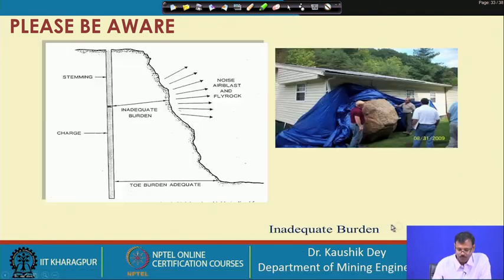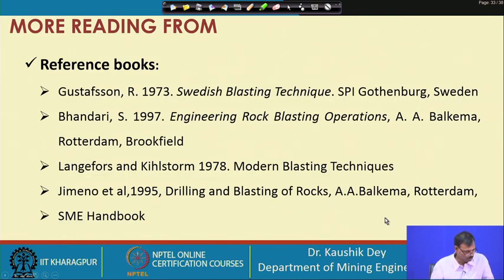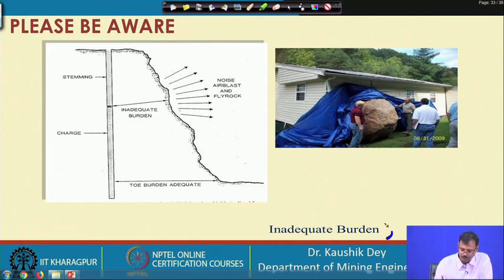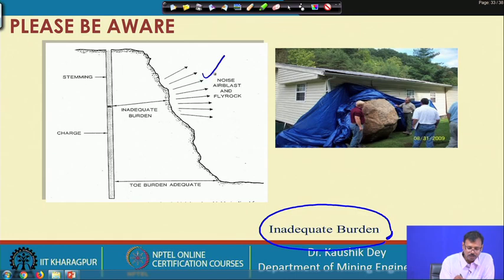And if we are having an inadequate burden, or small burden, then the fly rock may be generated at this position, noise will be generated at this position, and this type of big boulder may strike the houses at a larger distance.